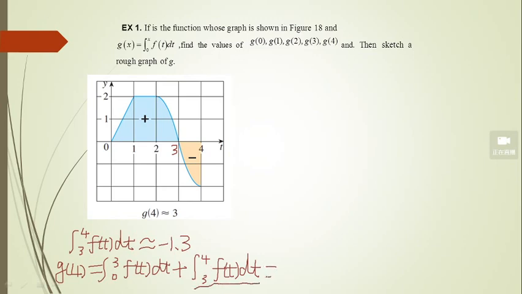So of course this is approximately 3, because this part we did approximation. How is it 1.3? We just estimate it. It's given. But anyway, you know it's greater than 1, right?